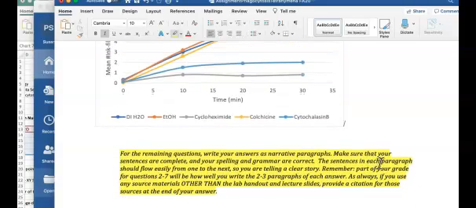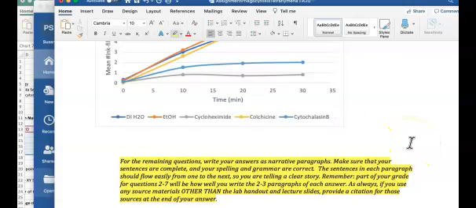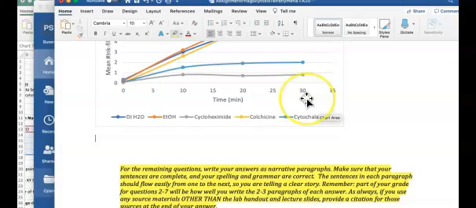Now, don't forget, you're not quite done because you have to add a caption here. The cursor almost always ends up on the lower right-hand side of the object that you're cutting and pasting. So I'm going to go ahead and enter, and then I'm going to enter again, and I'm going to write my caption.